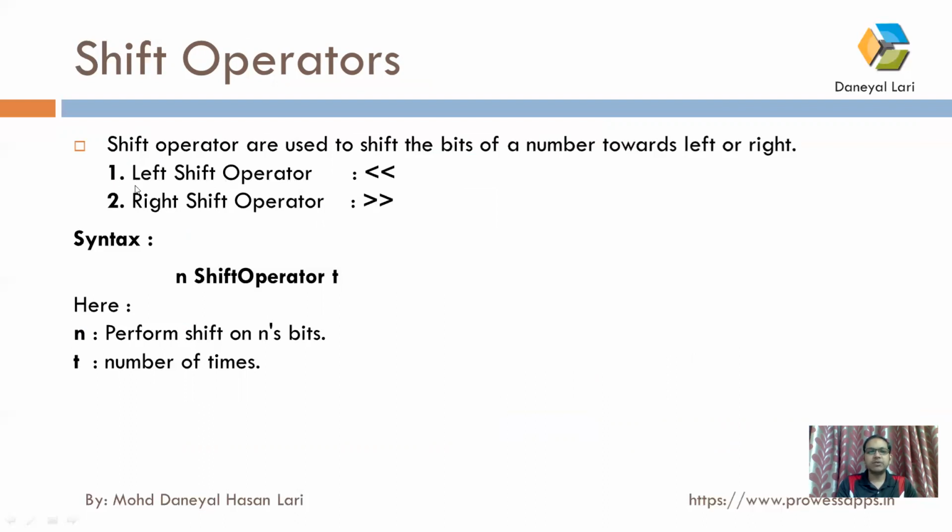The syntax for performing left shift and right shift is: we write first n, then the shift operator, either left or right, and then t. Here n denotes the number on which you want to perform the shifting, and t means how many times you want to perform this operation. So look at here.